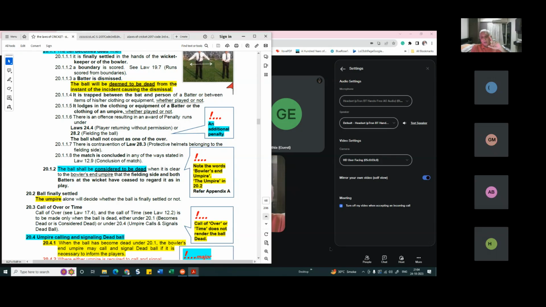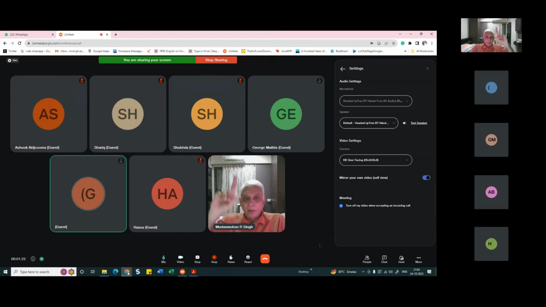So therefore, when there is an appeal, say for LBW, and I raise my finger after a gap of maybe 2 seconds, 3 seconds or whatever, and the striker is simply gaping at me, the ball becomes dead from the instant the ball hit the pad.